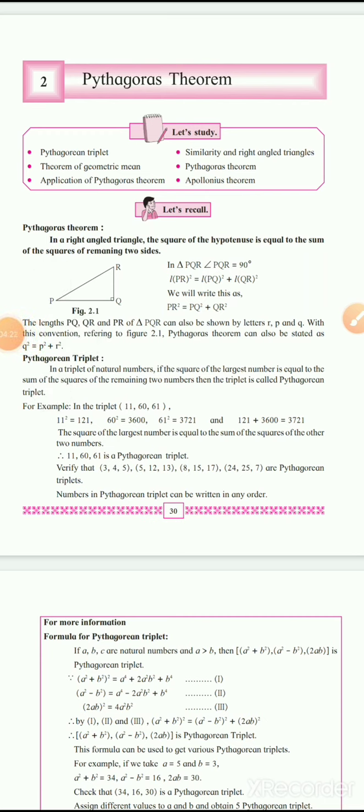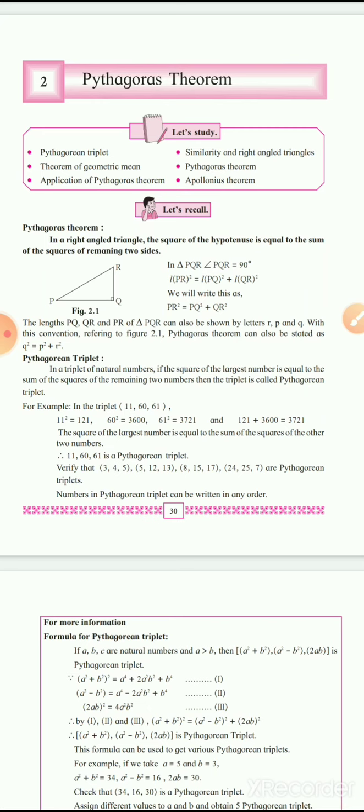Now Pythagorean triplet. First of all, we have to know what is meant by Pythagorean triplet. In a triplet of natural numbers, triplet means a group of three.